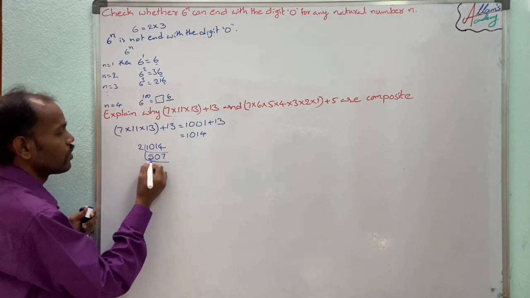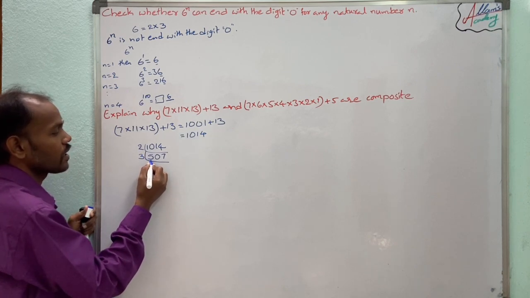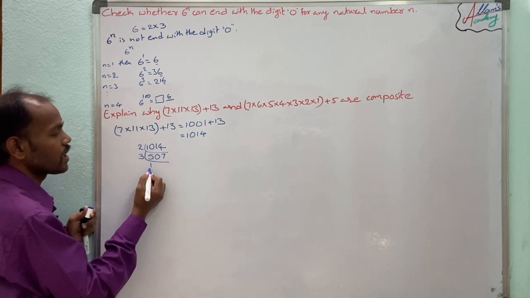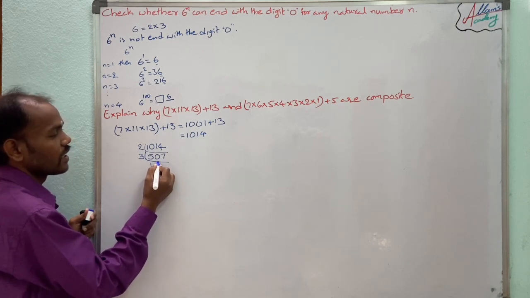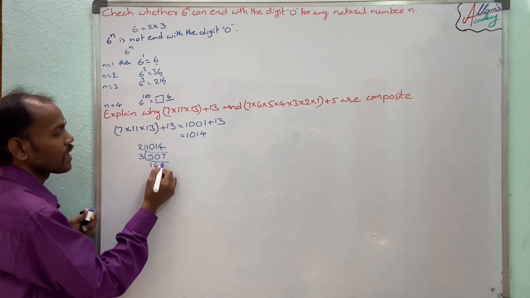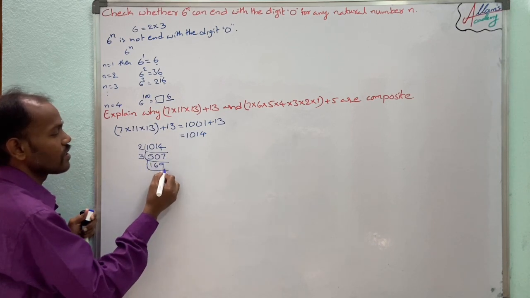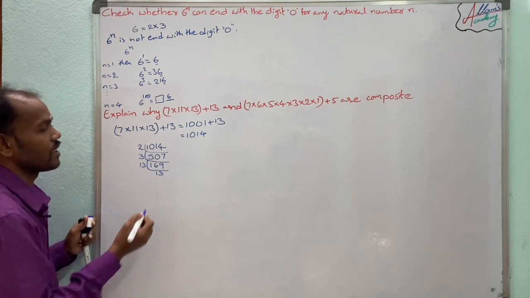Now it goes in the 3 table. 3 times 1 is 3, 2 remaining, 20. 3 times 6 is 18, 2 remaining, 27. 3 times 9 is 27. So 169 can be expressed as 13 times 13.